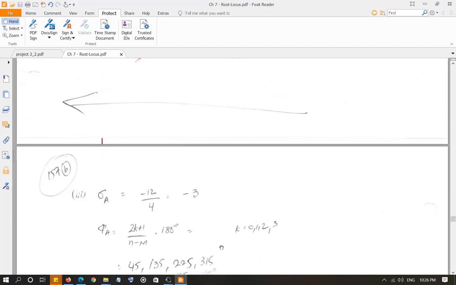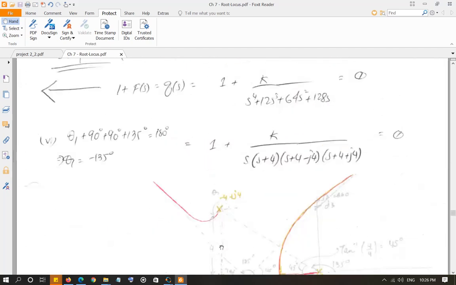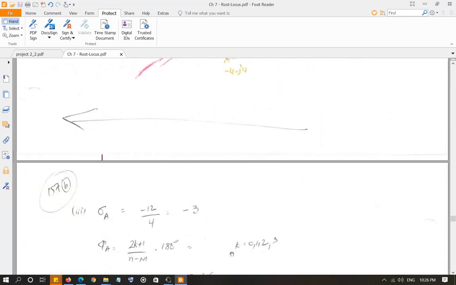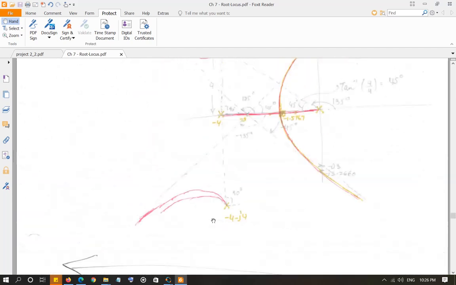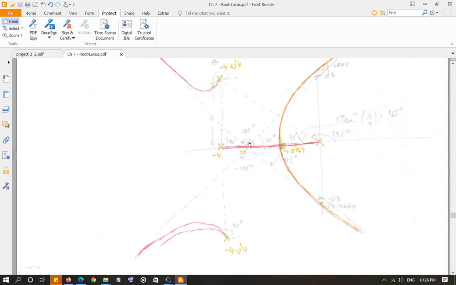All the zeros are sitting at infinity. So we sum all the poles: 0, -4, -4, -4, because when you sum these poles, negative j4 and positive j4 will be cancelled out anyways. So you have -12 over 4, -3. So your centroid is at -3 right over here.